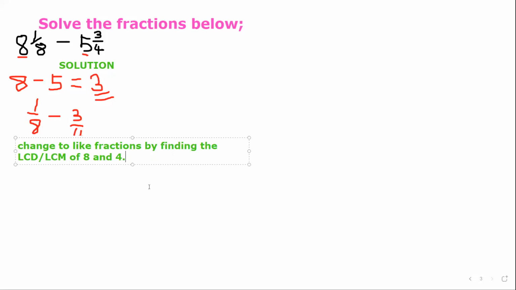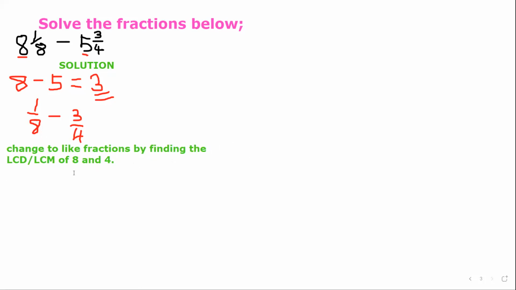Good. Now with this, I said we have two methods that we can use to deal with finding the LCM or the LCD. So you use the multiples method, whereby you list the multiples of 8. That is the M. M means the multiples of 8, the multiples of 4. The first 10 multiples of 8, the first 10 multiples of 4.